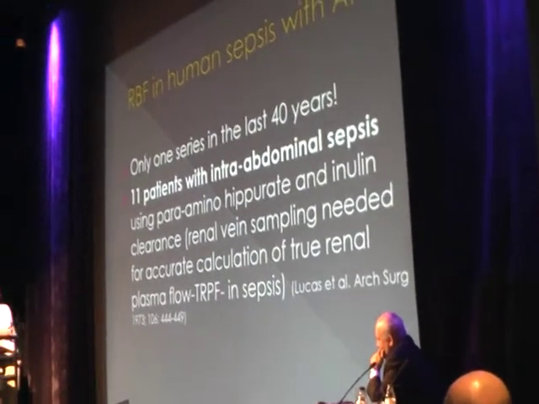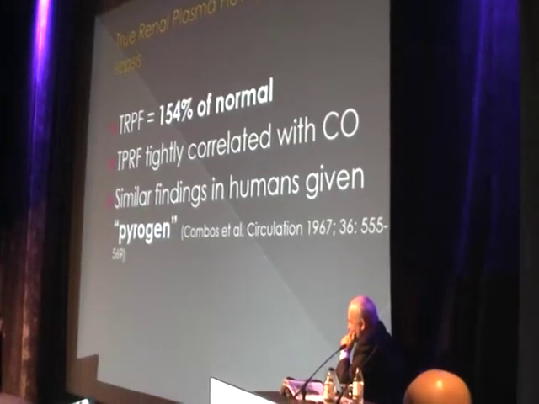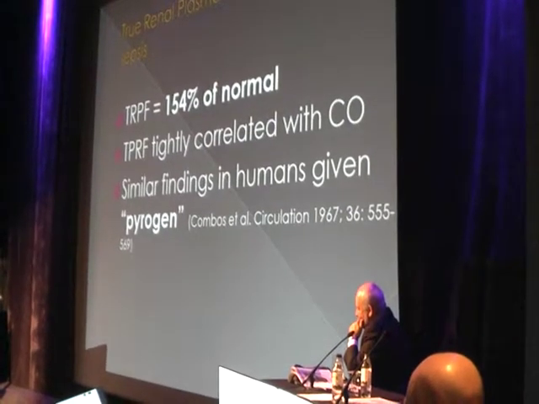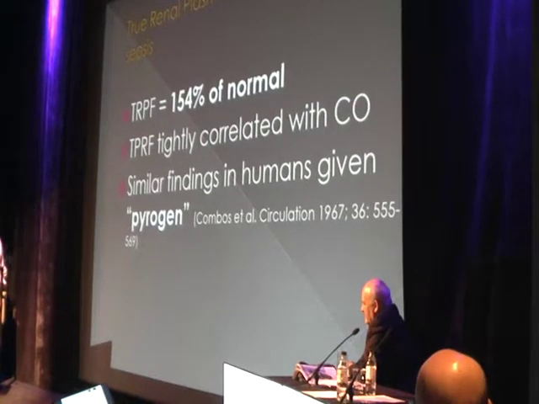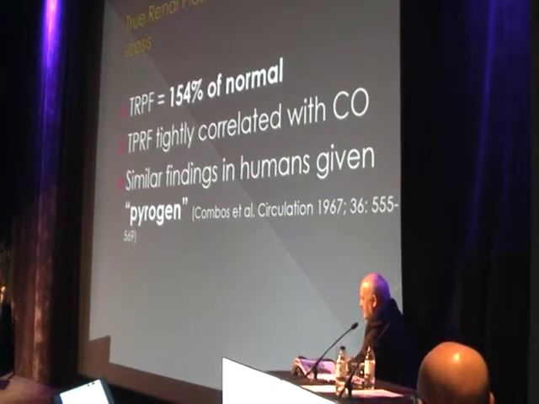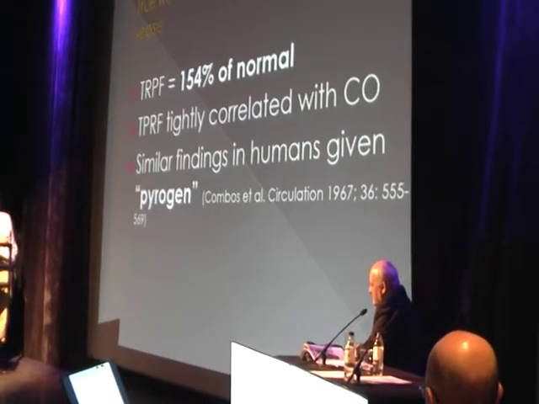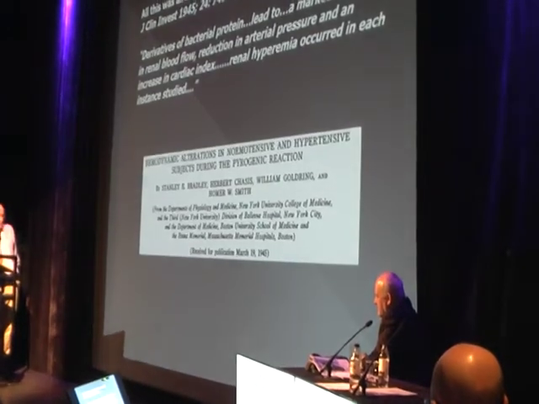This is Lucas in the Archives of Surgery, 11 patients with intra-abdominal infection, and what they found was that total renal plasma flow was 154% of normal in these septic patients. And indeed, there is some volunteer work with pyrogen in the 1960s also supporting the view that there is vasodilatation and increased blood flow during sepsis.